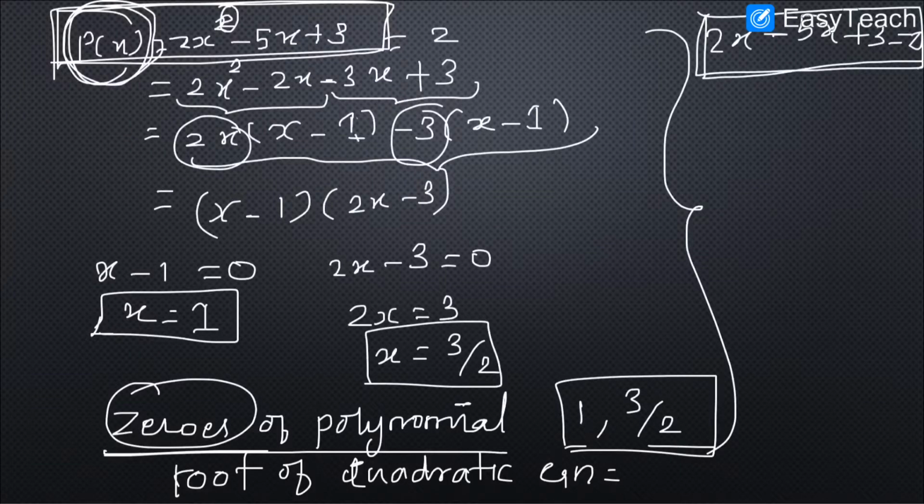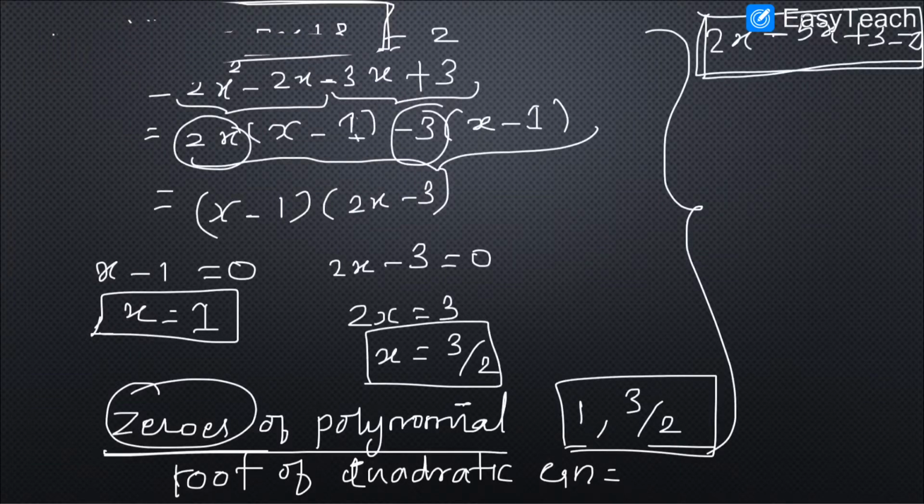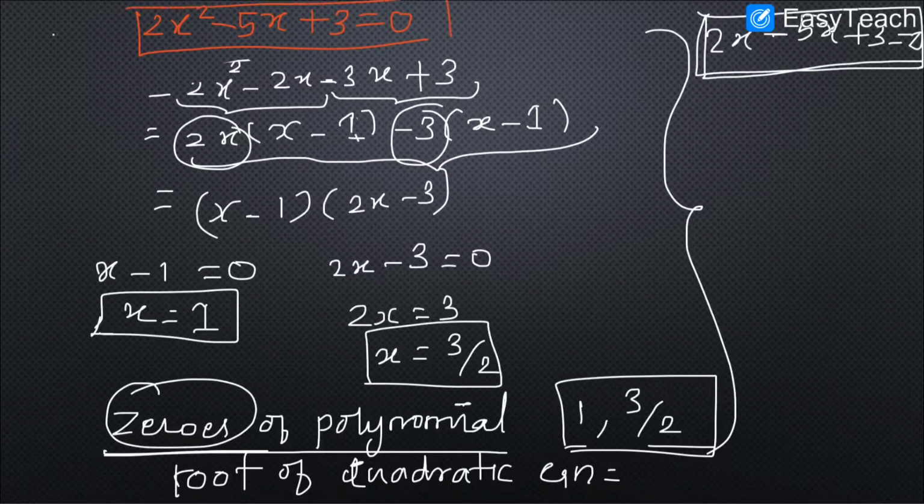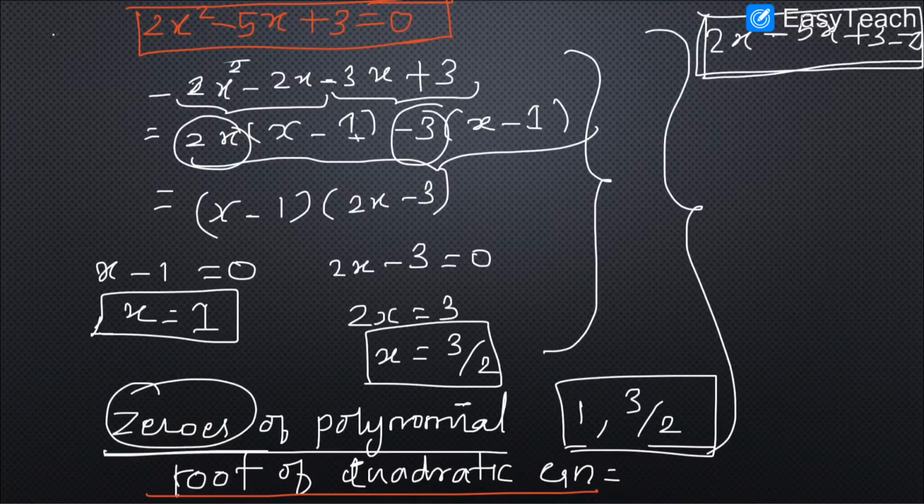Let me change the question here. Instead of polynomial, I am going to write the quadratic equation using the same expression: 2x square minus 5x plus 3 equals 0. This is our required quadratic equation, and I am going to find the solution. In other words, I am going to find the roots of the quadratic equation. But I didn't change the steps to find the solutions; the same steps apply in a quadratic equation also.